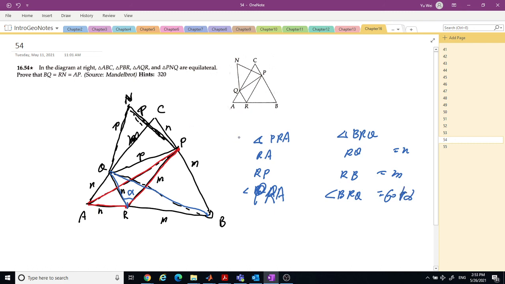So we can prove they are congruent, right? It's the SAS rule. Then we can prove AP equals BQ.